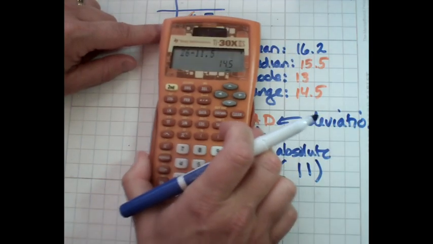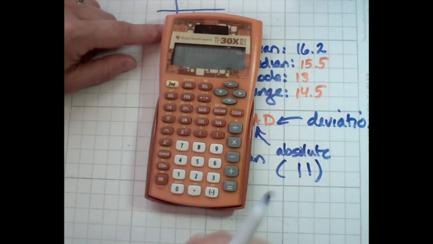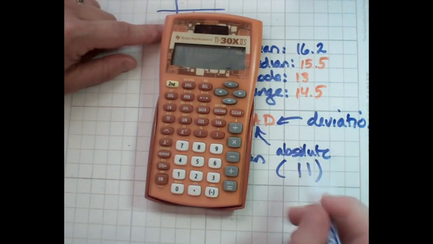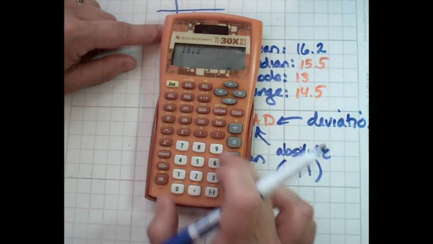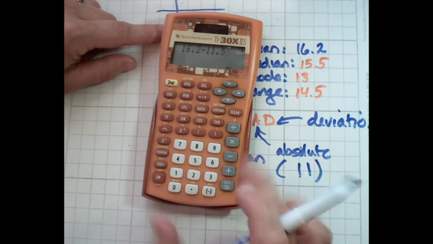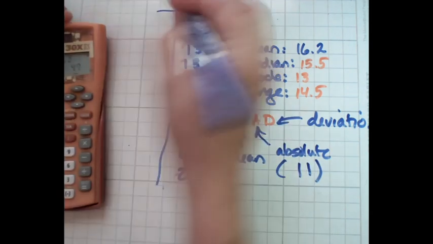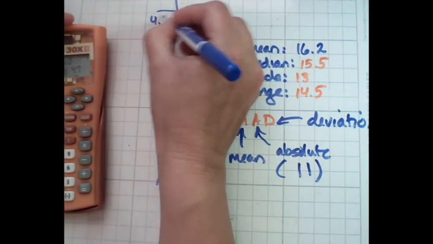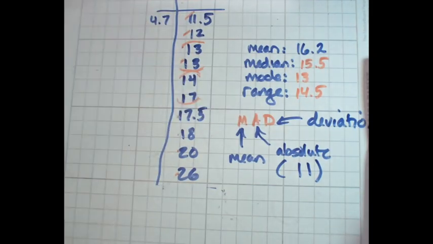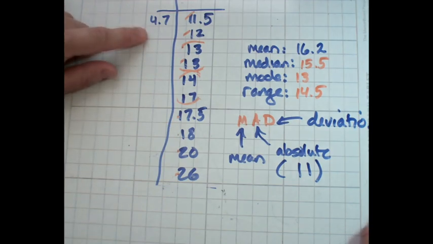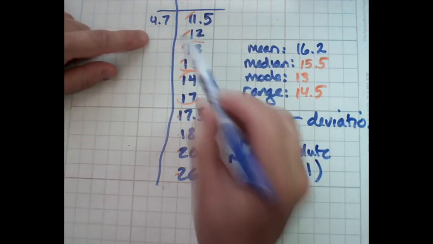11.5 is smaller than our mean, but I don't care because we're doing absolute. So I'm going to do 16.2 minus 11.5, and that gives me 4.7. So the deviation of 11.5 from the mean is 4.7. All right, and then we do the next one. 12. How far away is it from the mean?